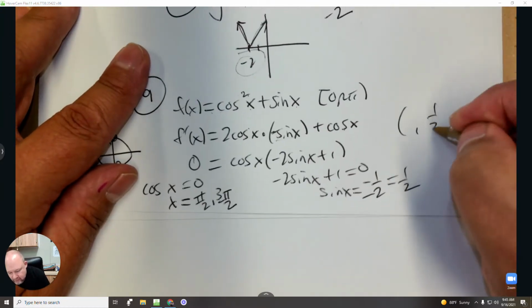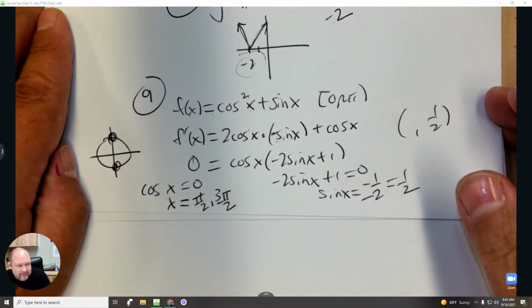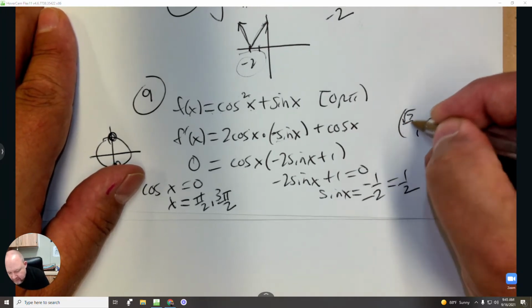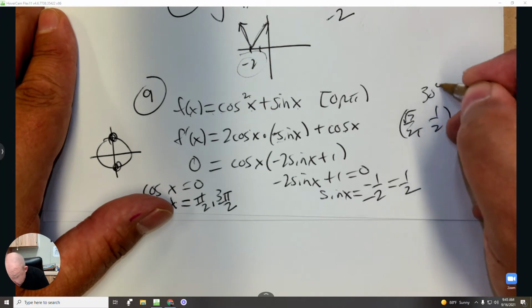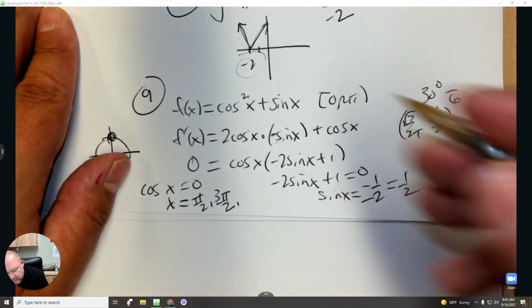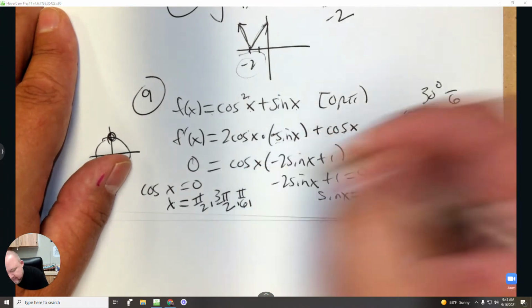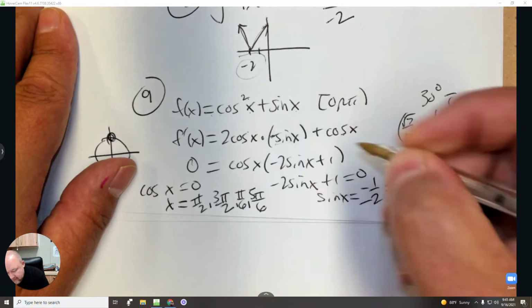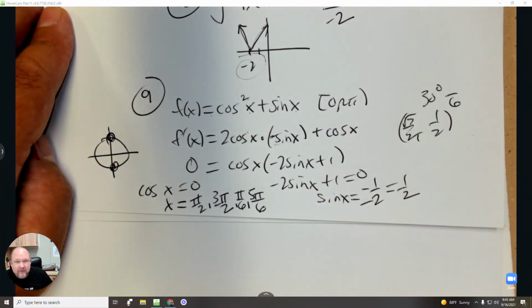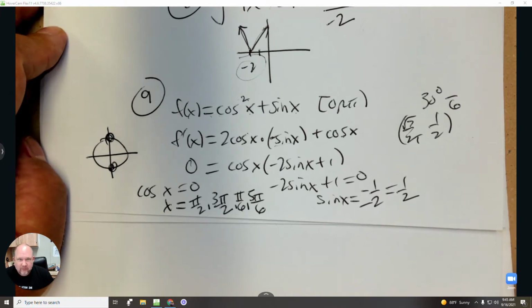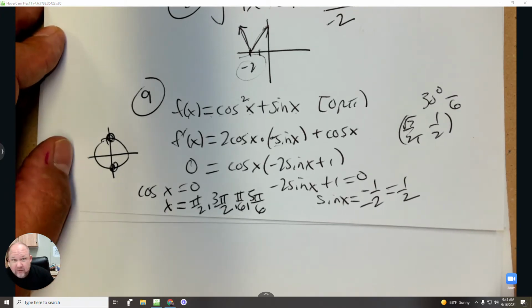And so where is the y value 1/2? Its partner is root 3 over 2. So that's a 30-degree reference angle. That's pi over 6. And because it's positive 1/2, the other one would be 5 pi over 6. So those are all the critical values. Knowing your unit circle, practicing, not giving up, telling yourself that you love trigonometry and trying to work through it.